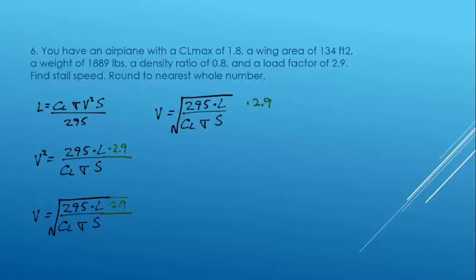Now we'll place our known quantities in, and now it's a matter of simply solving for velocity. And the new velocity, the stall speed in this case, is going to be 92 knots, and that will be in true airspeed.